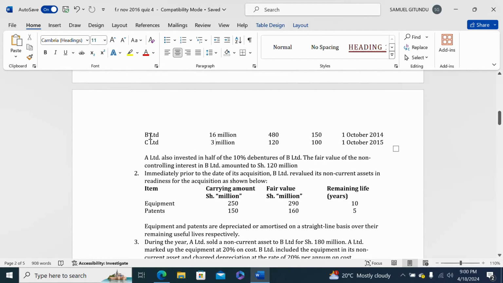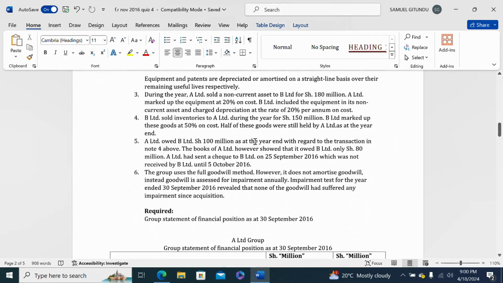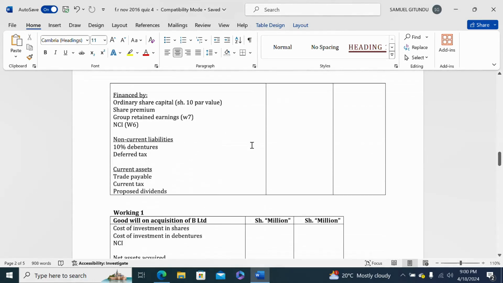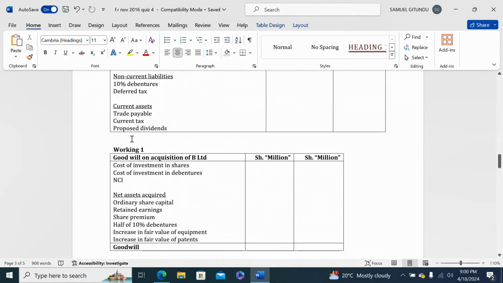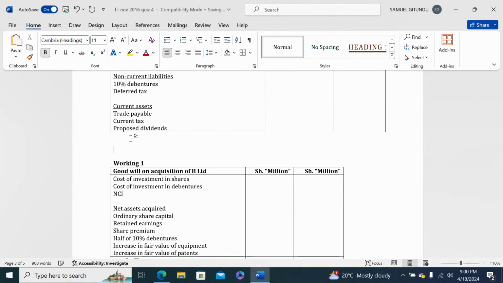So if A Limited acquired 16 million shares, we can calculate the percentage of shares acquired.